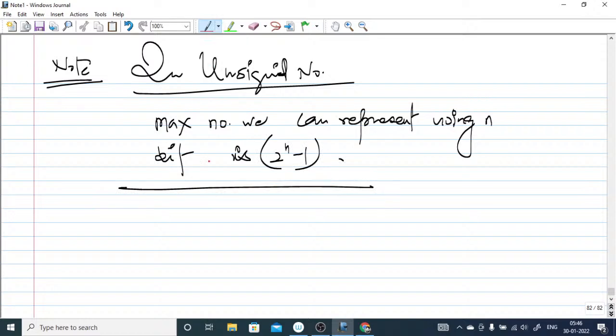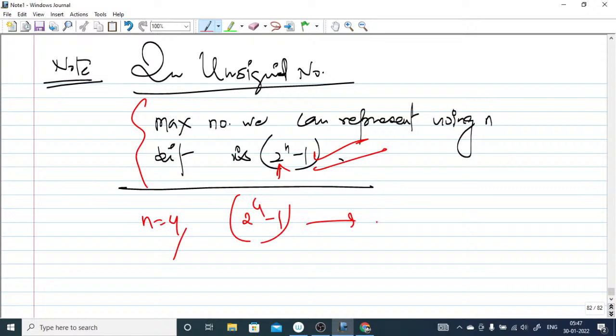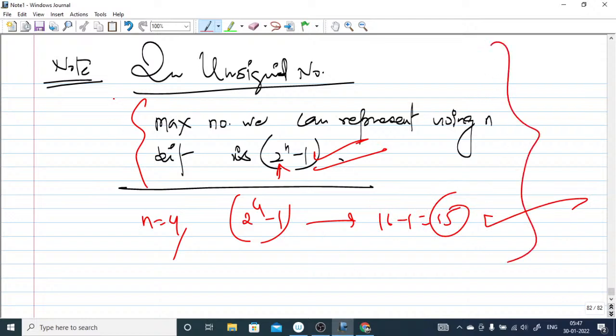That is very easy. Suppose n equals 4, then 2 to the power 4 minus 1 is 16 minus 1, that is 15. This kind of question can also be asked.